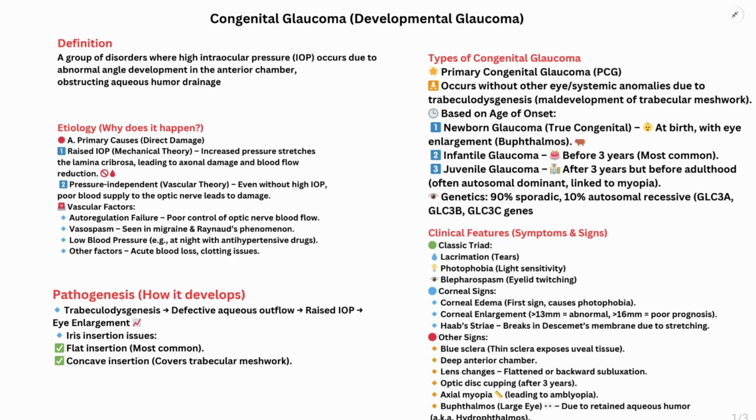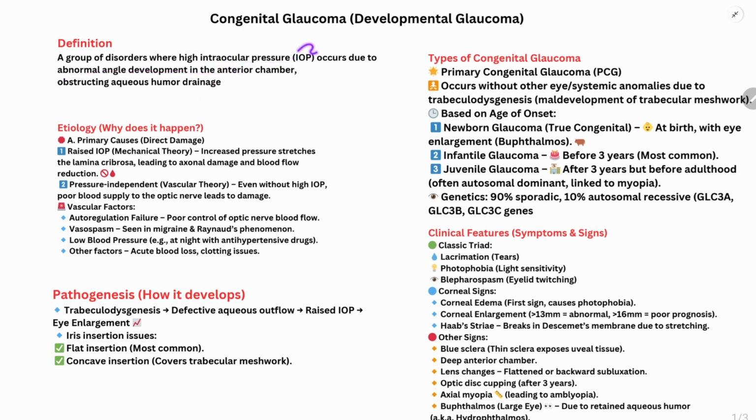This is Harshita. So what is the proper definition here? It is a group of disorders in which you will see high intraocular pressure due to abnormal angle development in the anterior chamber, obstructing aqueous humor drainage.